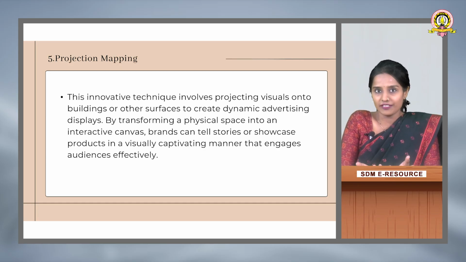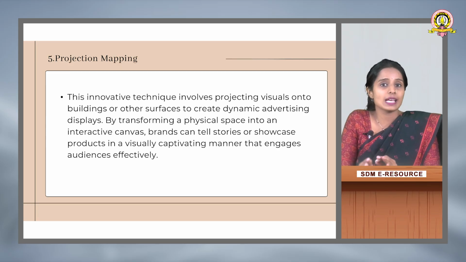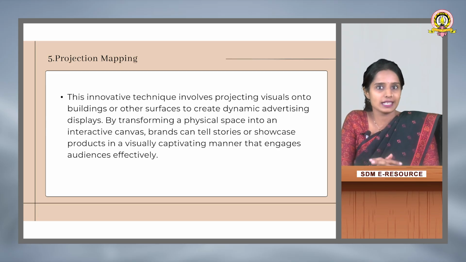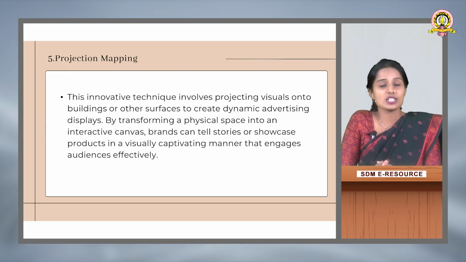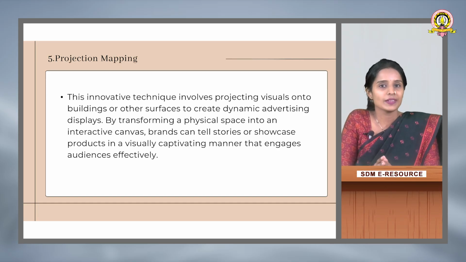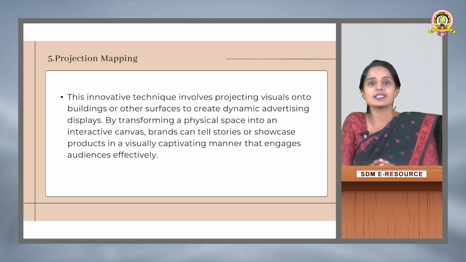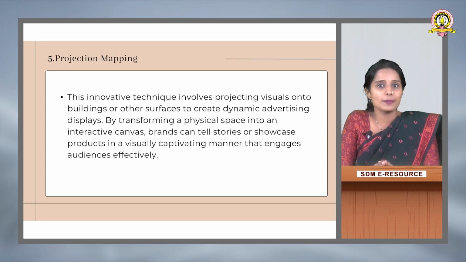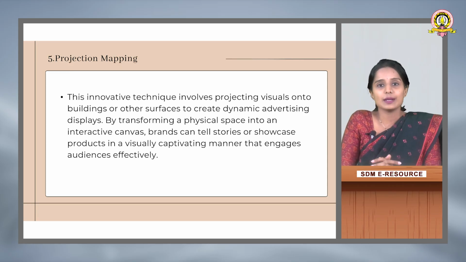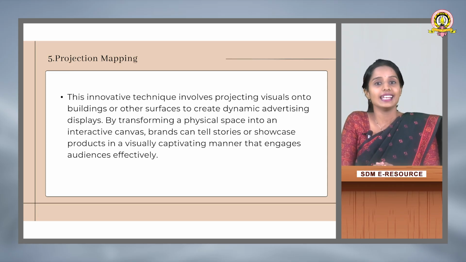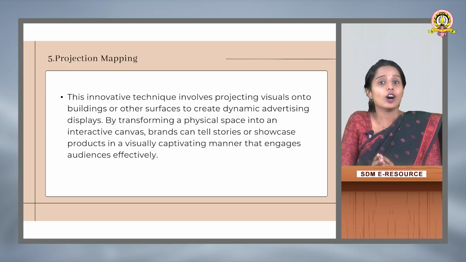Think of Burj Khalifa, or think of the example of how Kalki was released. The image of Ashwatthama was projected on the Narmada Ghat in order to make sure that the audience is awed by this. Projection mapping is an awesome technology that makes sure that the audiences are highly impressed by what is projected on huge buildings or infrastructure.